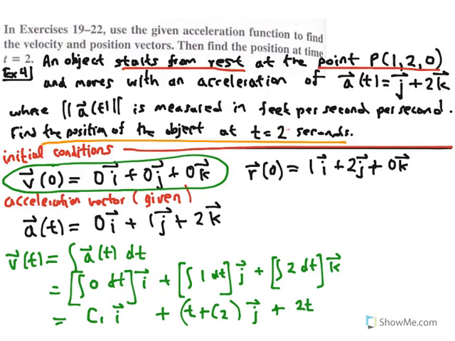The derivative of 2t with respect to t would be 2, plus a constant of integration c sub 3, and that's going to be multiplied by the standard unit vector k.